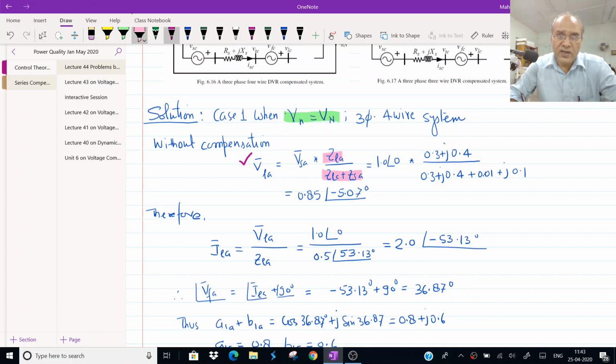The value of VSA is taken as 1.0 per unit. You can see it here, and this is the value of the impedance. If we simplify this, we get VLA as 0.85 angle of minus 5.07.